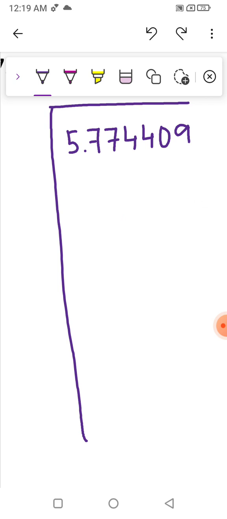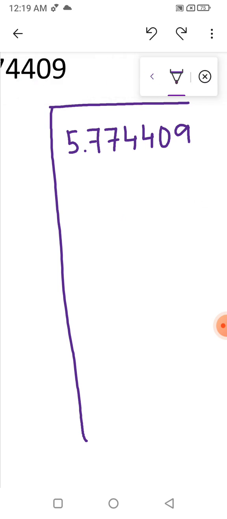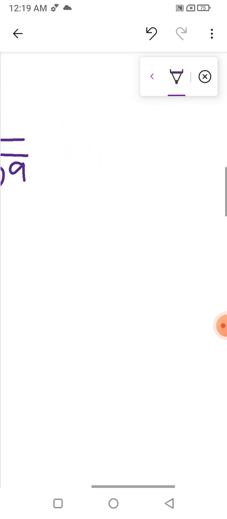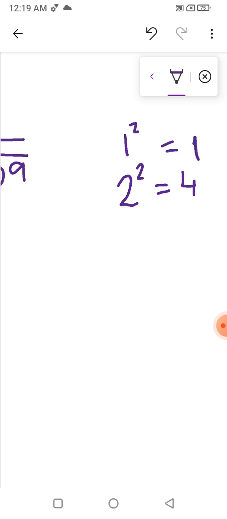So once we do it, the first pair that we get is 09, the next pair 44, the next pair 77, and 5 remains all alone. Now think of a number whose square will be close to 5. That is obviously 2 square, that is 4, because 1 square is 1 and 3 square will be 9. So it will be 2 square, 4.